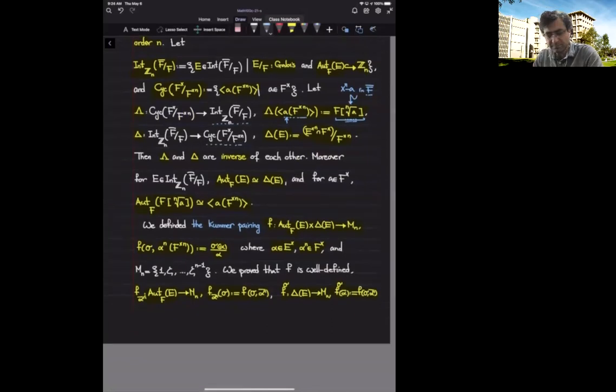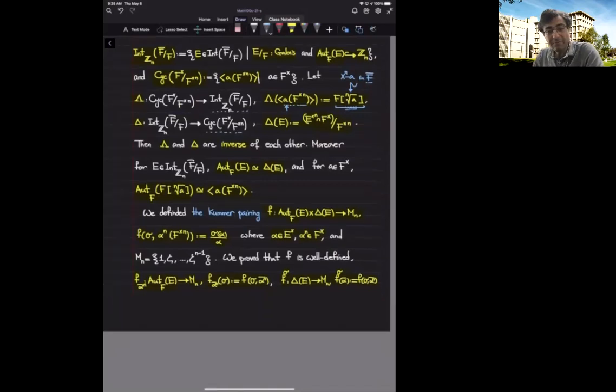This isomorphism, so to speak, is not a natural isomorphism, but we will see how the proof goes. Essentially, the way that we are going to show this isomorphism is by arguing that both of them are cyclic groups and they have the same cardinality, and from there we deduce that these groups are isomorphic.